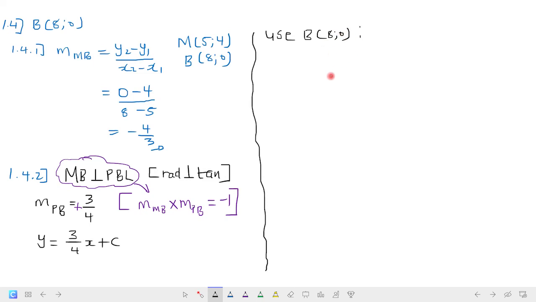Doing that gives 0 equals 3 over 4 times 8 plus c, which is 0 equals 6 plus c, and therefore c equals minus 6. And so the equation becomes y equals 3 over 4x minus 6, and that is how we got our answer.